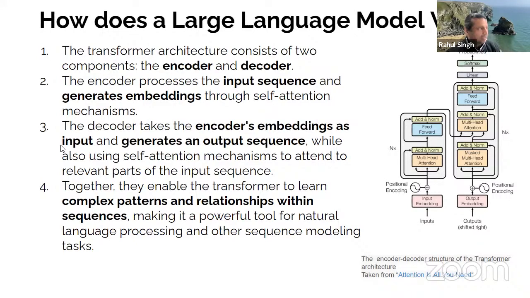Now, the decoder takes it and creates an output sequence based on what the encoder has given. And again, also using self-attention to try to get the most likely word that's going to come out from that input sequence, what's the most likely word or token that's going to come after it.